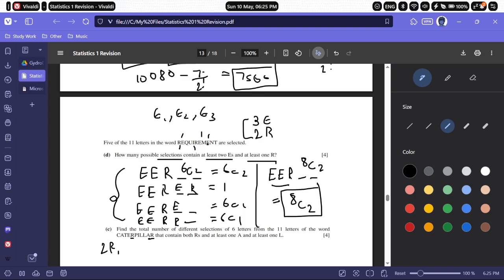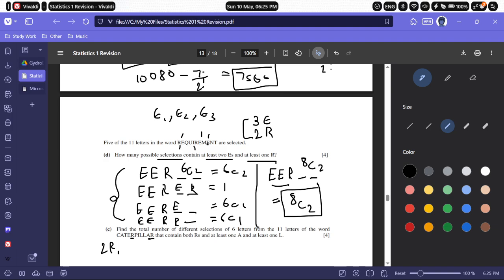Look, basically, for the HC2, in the question they only gave you a minimum requirement. They just told you that you need at least 2 E's and at least 1 R. There isn't some requirement that there has to be at most this many letters for E, for example, right?